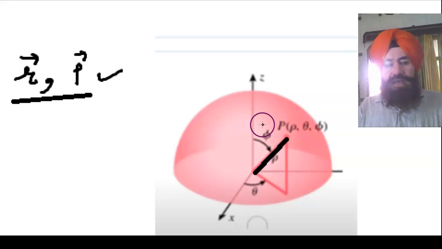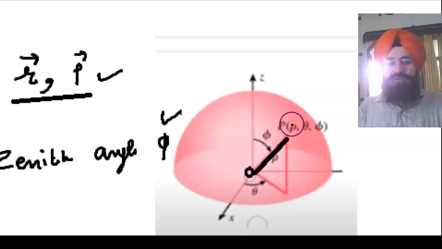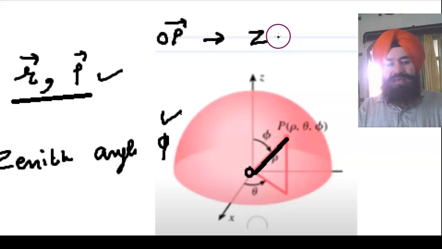Now the second is the zenith angle, angle theta. This is the angle which the OP vector makes with the positive z-axis.